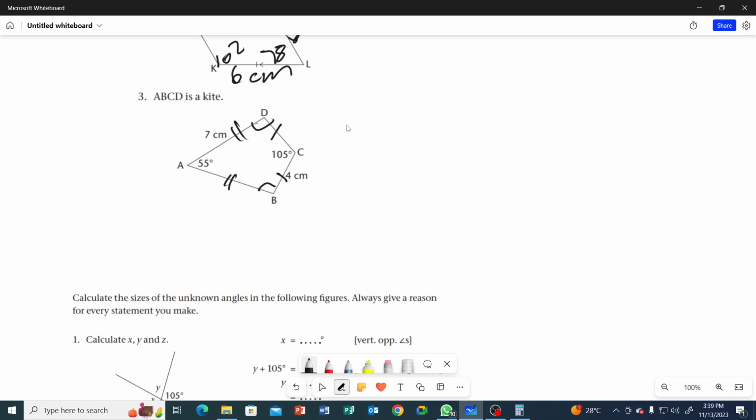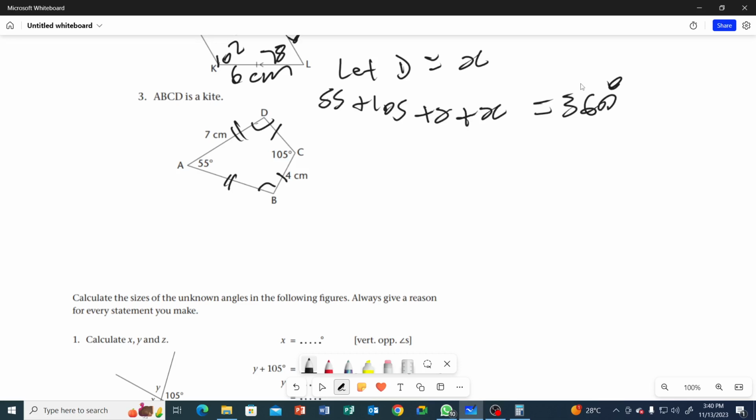Now, 55 degrees plus 105 plus X from D plus another X from B is equal to 360 degrees. Interior angles of a quadrilateral add up to 360 degrees. Okay, that is your reason.